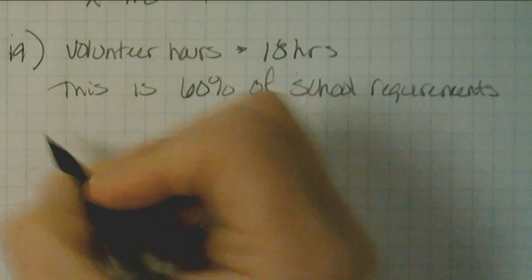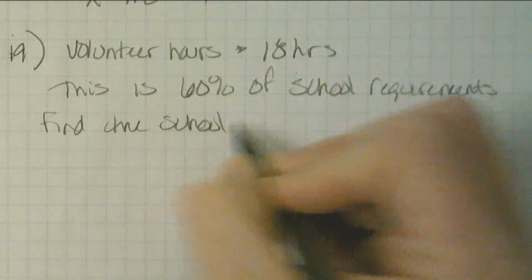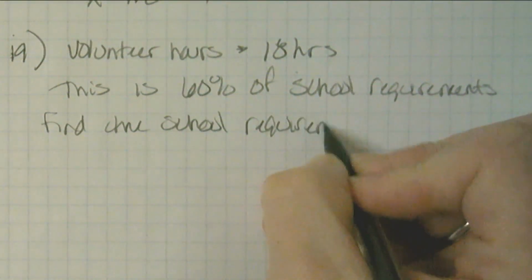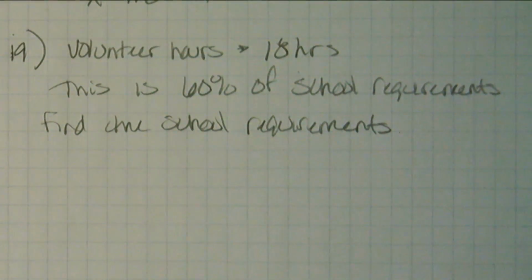We want to find the school requirements. Your percent sentence is not your givens. These are the givens. Now somebody write a percent sentence.